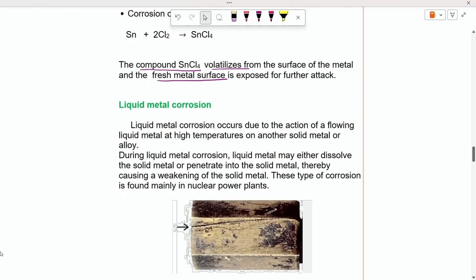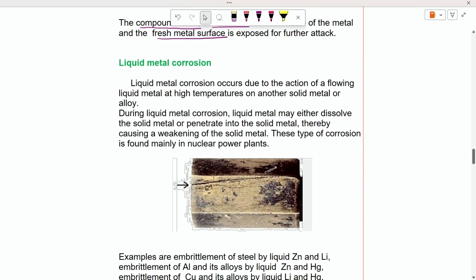Next is liquid metal corrosion. It is a new type of corrosion. Here it has been seen that when liquid metals flow over another metal, these metals either dissolve in the solvent metal or they get into the interstitial spaces of the solid metal.